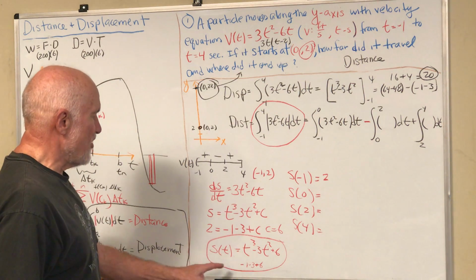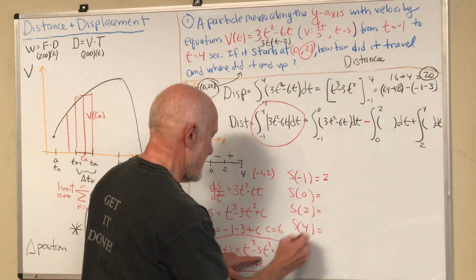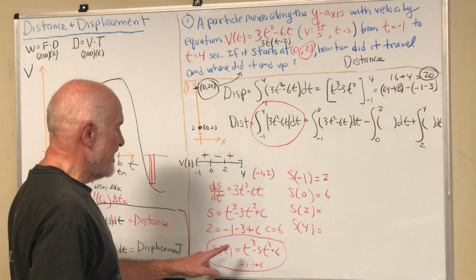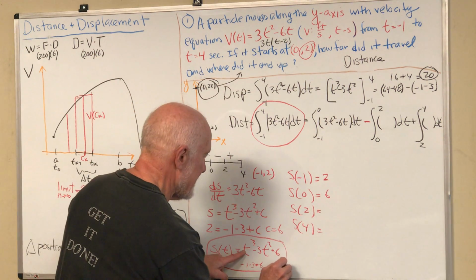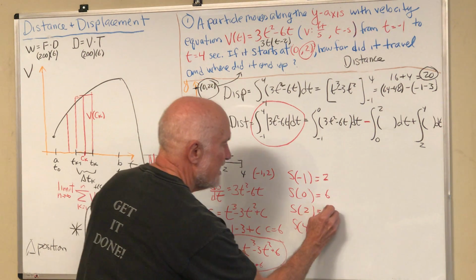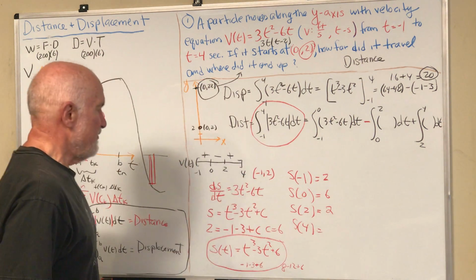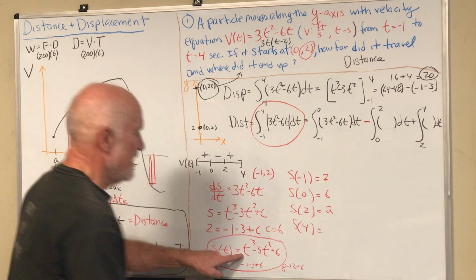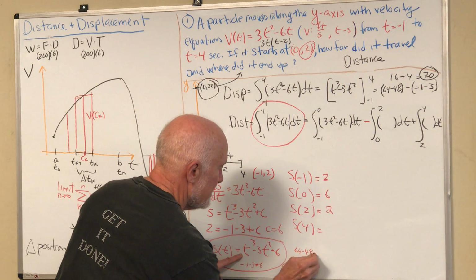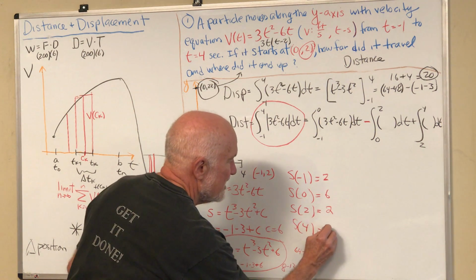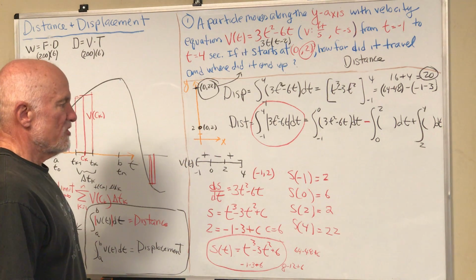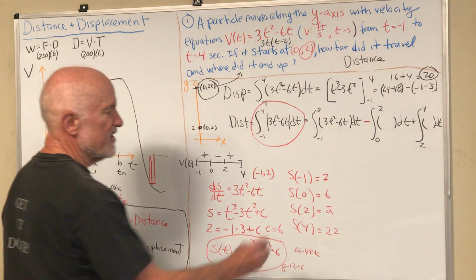If I plug in 0, I get 6. If I plug in 2, I get 8 minus 12 plus 6. I get 2. And if I plug in 4, I get 64 minus 48 plus 6. I get 22.